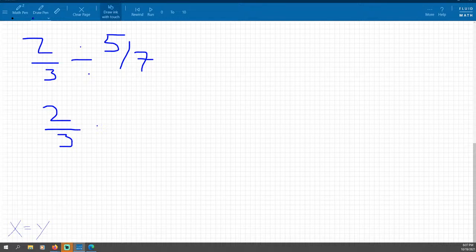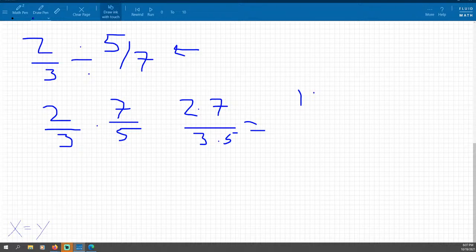You're going to change this to the multiplication and take the reciprocal of 5/7, which would be 7/5. And now we can multiply. So now we have 2/7 over 3/5. That equals 14 over 15.